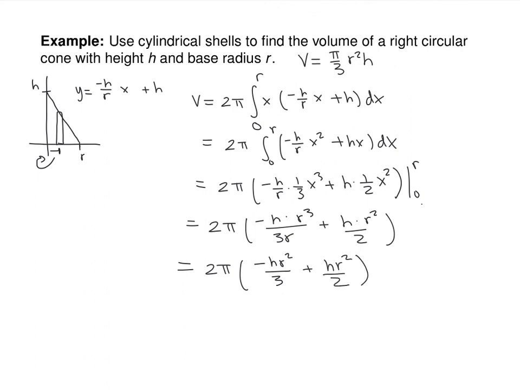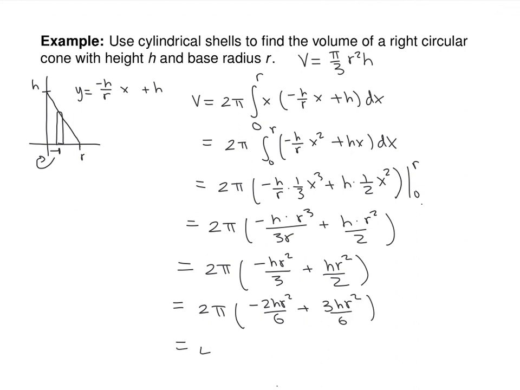Look, those are like terms. We can get a common denominator, we can combine them. 2 pi times negative 2h r squared over 6 plus 3h r squared over 6.